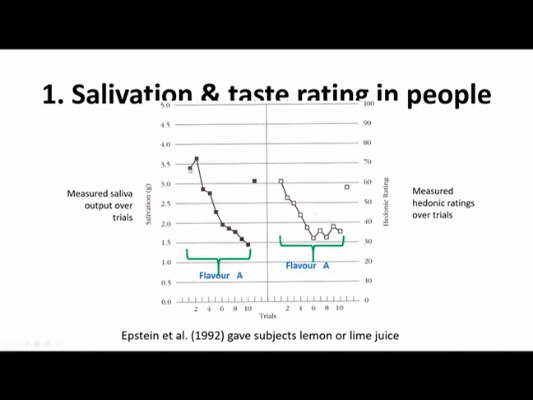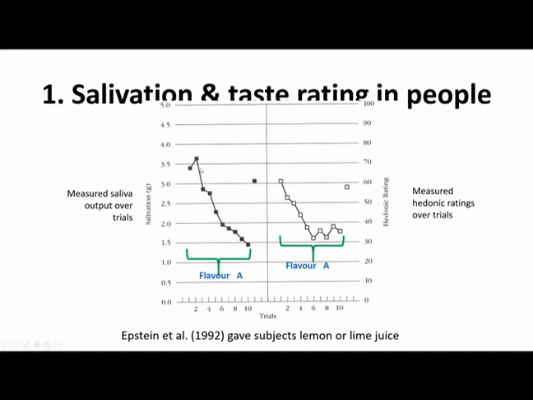If we look at trial number 1, this point here and this point here are both trial number 1. So the first time they were given a taste of, let's use lemon juice for our example, they salivate quite a bit. They rate it as sort of unpleasant. That's what high on this scale means.